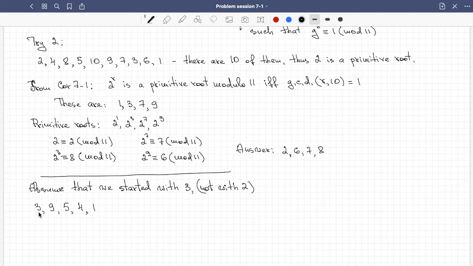The length of this cycle is 5, not 10, as it was in the case of 2. So if we started with 3, we would conclude that 3 is not a primitive root.